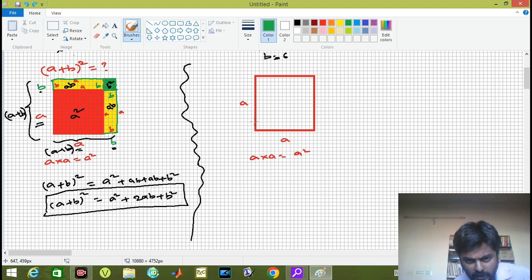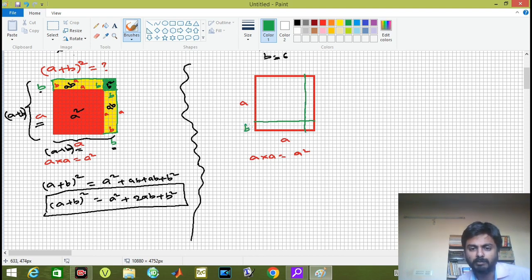I don't want to include these two boxes in my calculation. In the same way, I don't want to include these two boxes in the dimension. This small length is called B and this small length is called B.